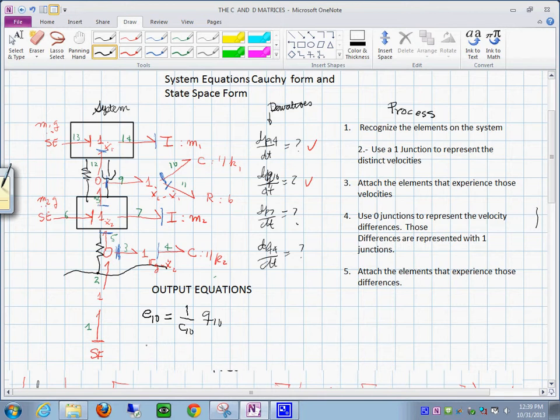Maybe we could try E7. E sub 7 is the force acting on this mass. This E sub 7 is E5 minus E sub 8, right? And then E5 is E3, and E3 is E4, so this is E sub 4, and then E sub 8 is the one on top here, which is E9, and E9 is E10 plus E11.